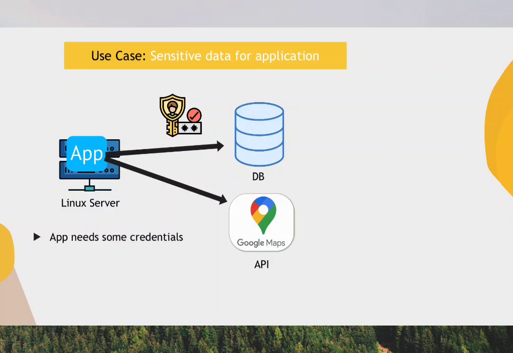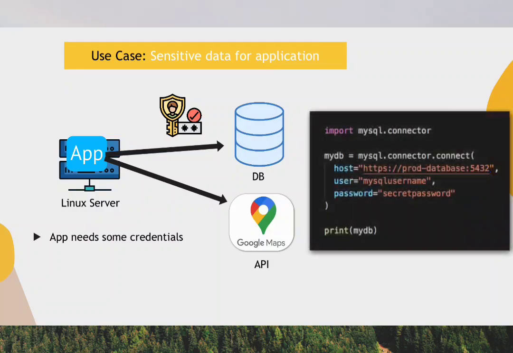Now, how can we tell that application in a secure way what these secret values are, what the credentials for a database or the secret token for the API is? Because we can't just write these values in the code of the application and check that into the code repository, because then other people may easily see that in the repository, plus it will be in plain text, right?